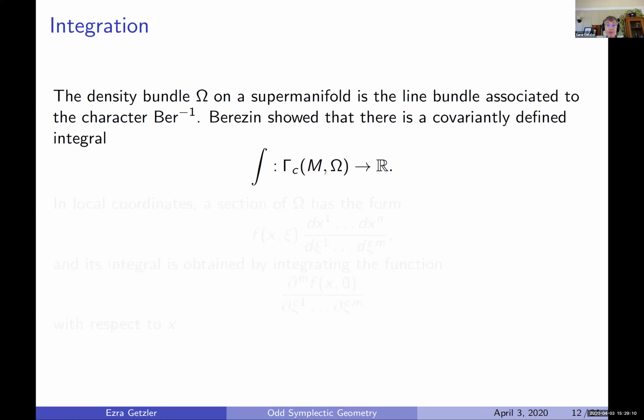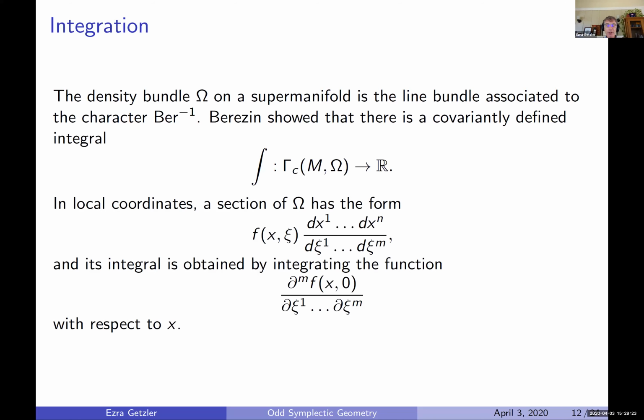So Berezin then shows that there's a covariantly defined integral from compactly supported sections of this volume form bundle to the real numbers. In local coordinates, we can write a section in this manner. You see, I've taken the differentials of the even coordinates and taken their product and divided by the product of the differentials of the odd coordinates.